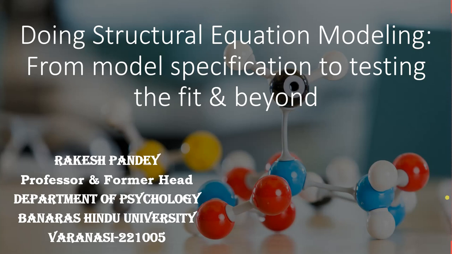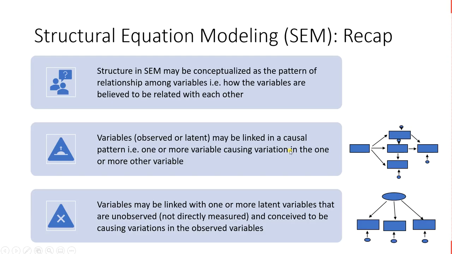Now, quickly review some more aspects of the structural equation modeling. As I said, structure in structural equation modeling may be conceptualized as the pattern of relationship among variables, how the variables are believed to be related with each other.